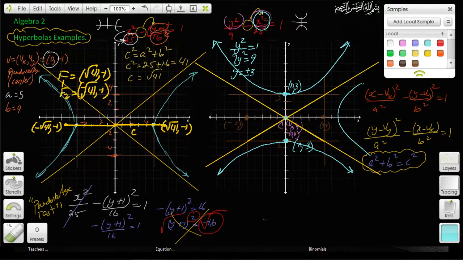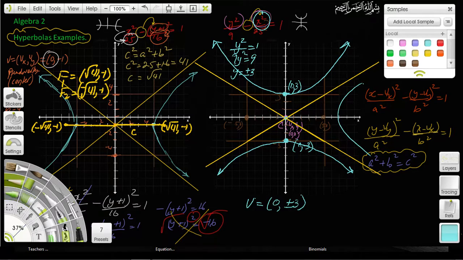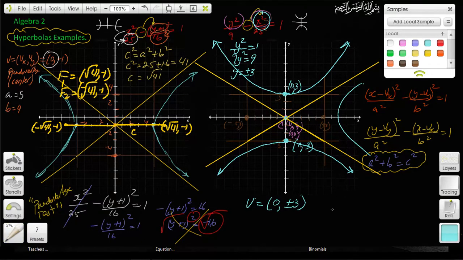Okay? So there we have this. So now we can say the vertices are the following. The vertices are 0, plus or minus 3. Okay? And all we have to do now is find the foci. To do that, you have to find c. C squared is a squared plus b squared. It's 9 plus 25, that's 34. So c is square root of 34 in each direction.